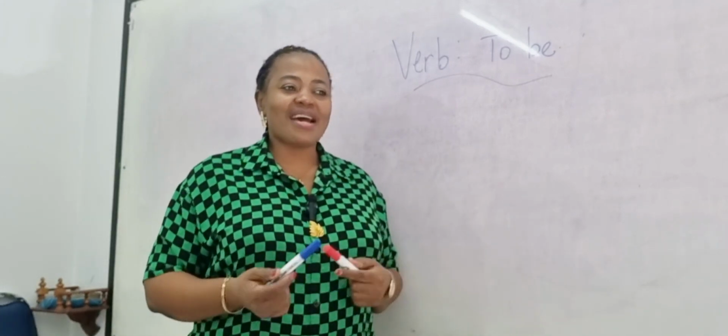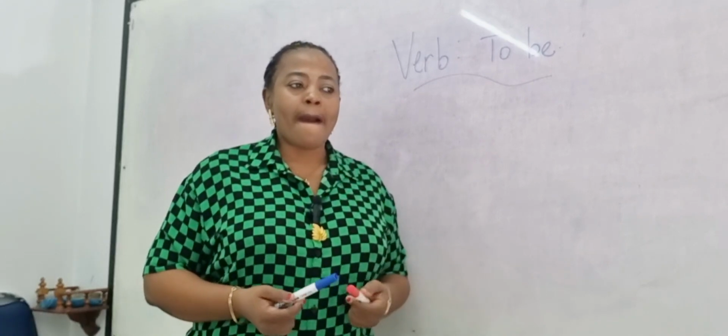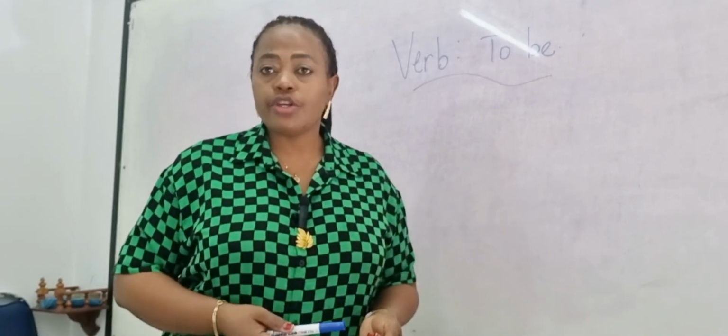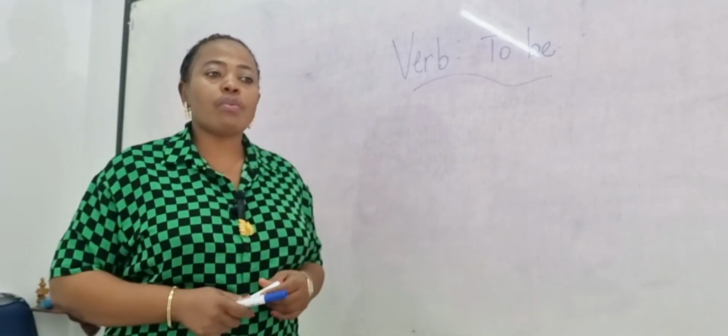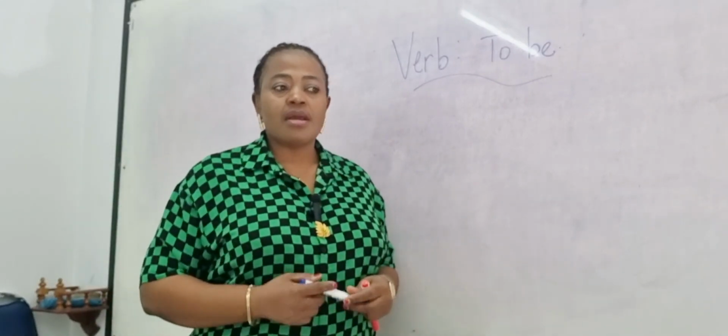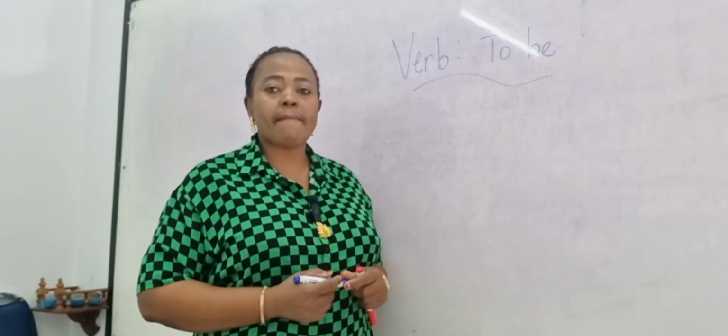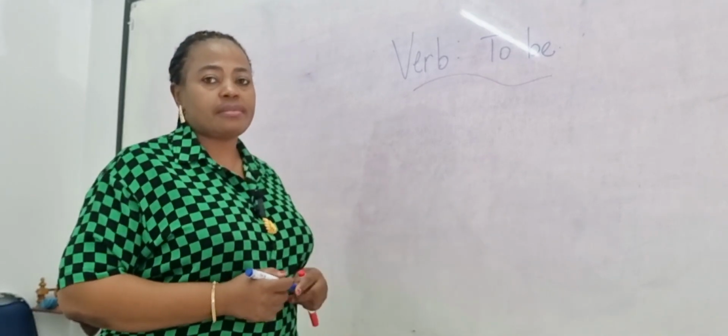So I'll be bringing you basic grammar in use, and the very first one that I want to start with is the verb to be. When we talk about the verb to be, the first thing we have to think about is the subject.